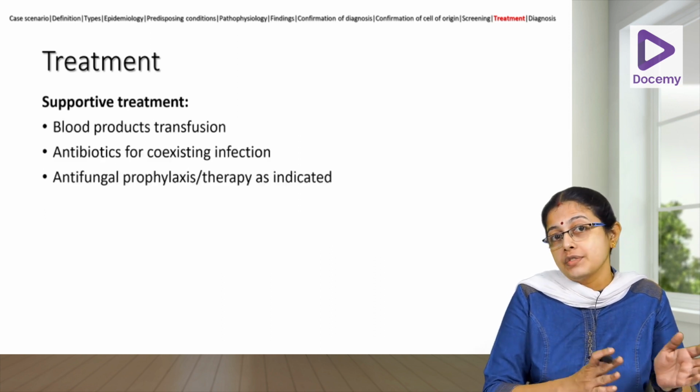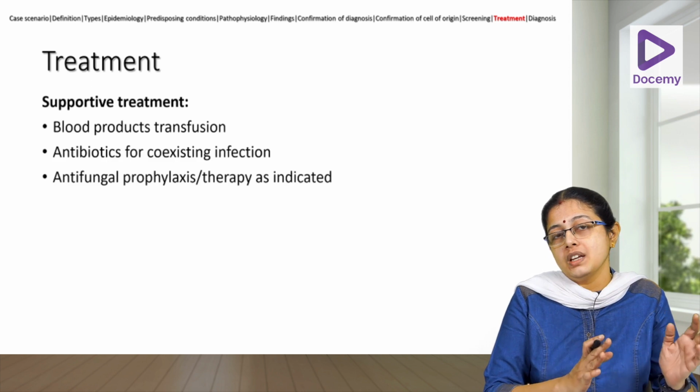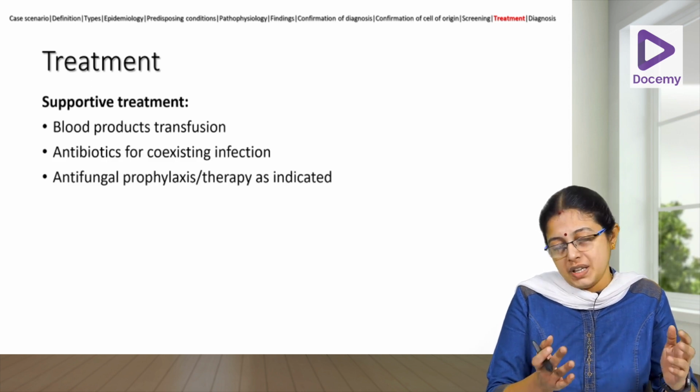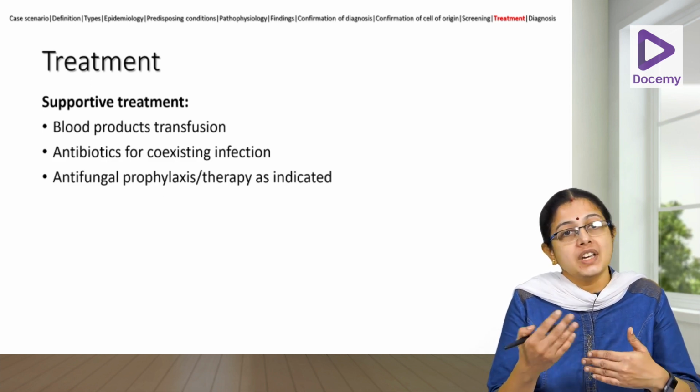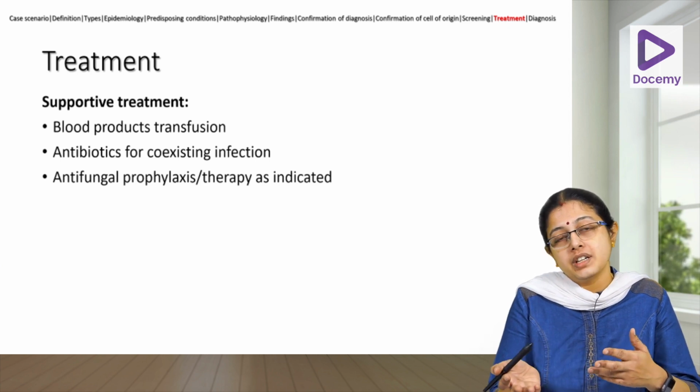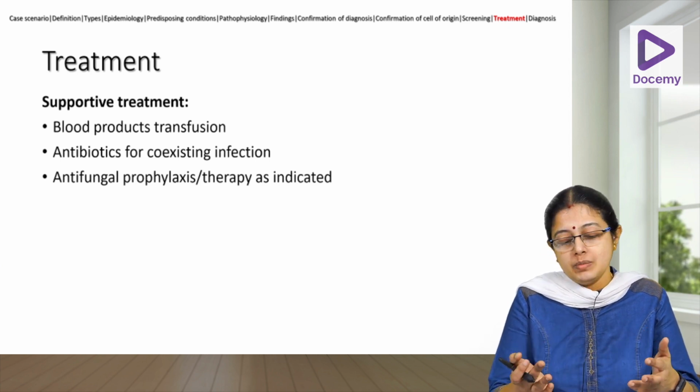And if he has anemia, the PRBC transfusion has to be given. If he has a thrombocytopenia, he requires a platelet transfusion to prevent bleeding, and antibiotics for coexisting infections.